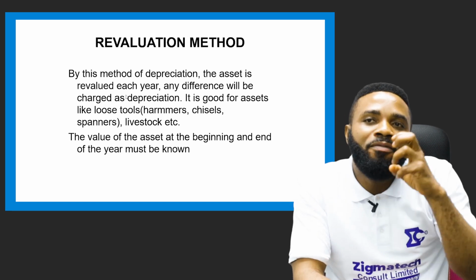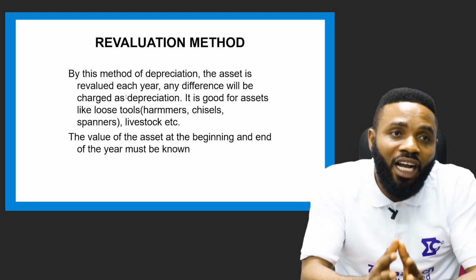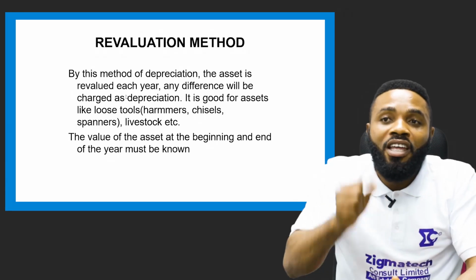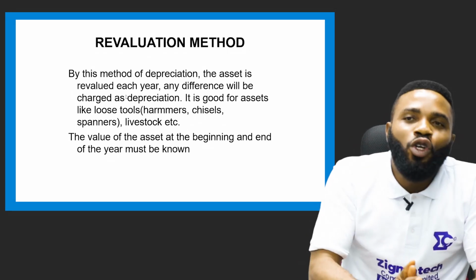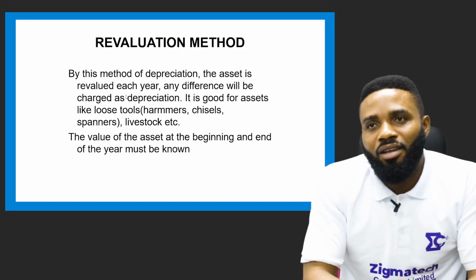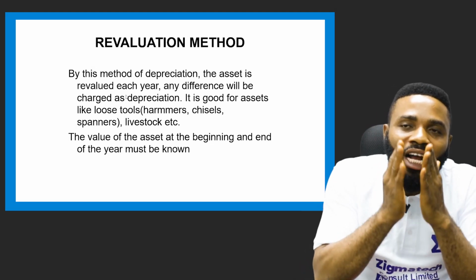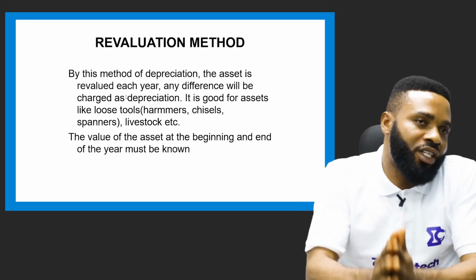So if the value of the Toyota Camry is now 10 million, you bought it at 5 million, and you want to sell it, if you sell it at 3 million, you are not smart. Because anybody that sees a fairly used Toyota Camry at 7 million or 6 million or 8 million will rush it.